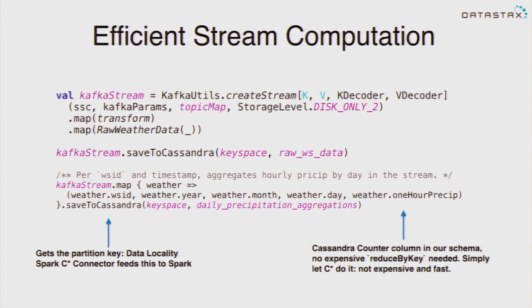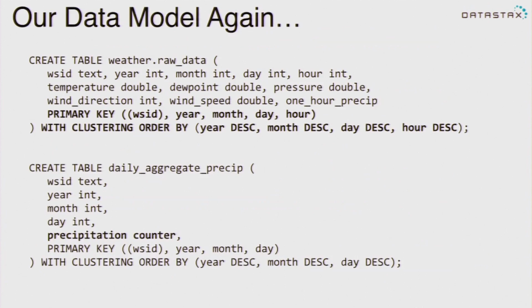Once I save off the raw data, I can, again, reuse the same Kafka stream. It's the same data, just still piping through. And I can go by weather station ID, year, month, day. Let me go back to this really quick. Here, remember, we set up our primary key in the raw data by weather station ID, year, month, day, hour, clustering order by.